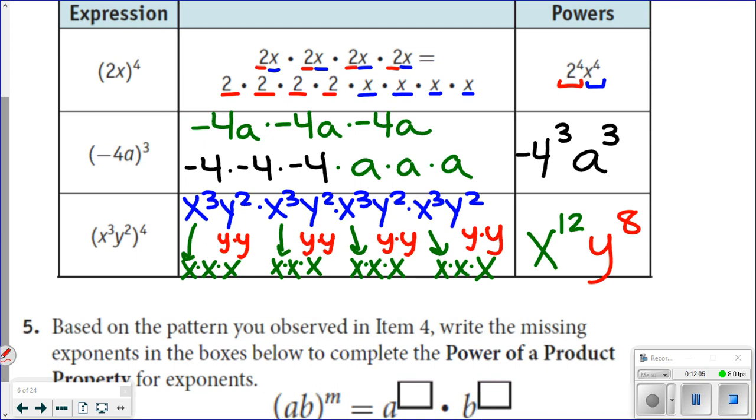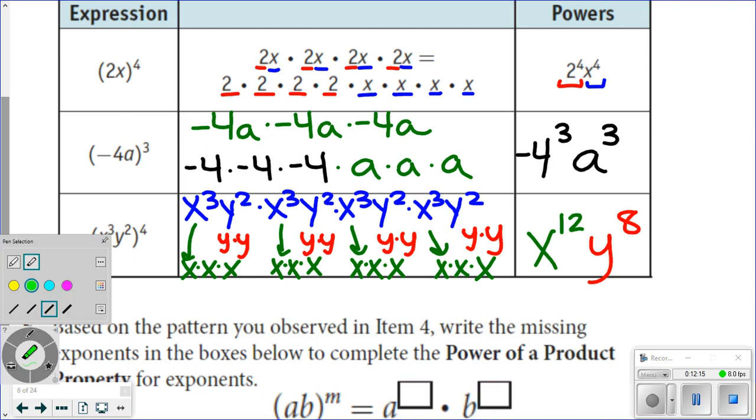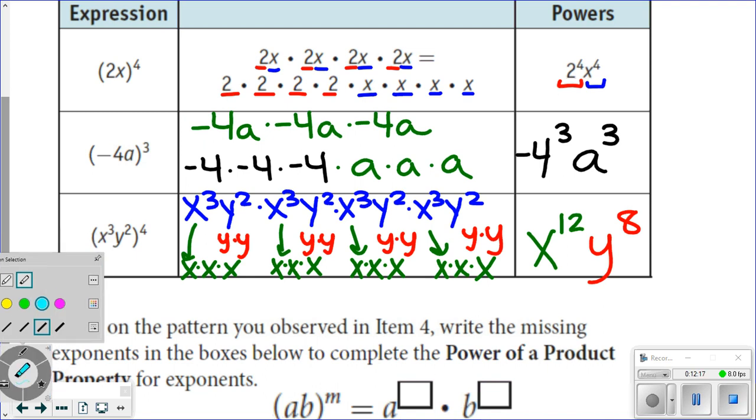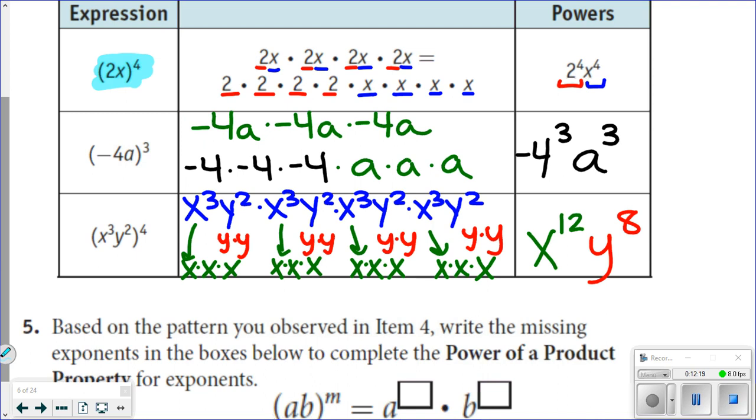So what's happening here? What are we doing from the first column to the last column? There's a math term for this from here to here. And actually, this math term starts with the letter D. Distribute.